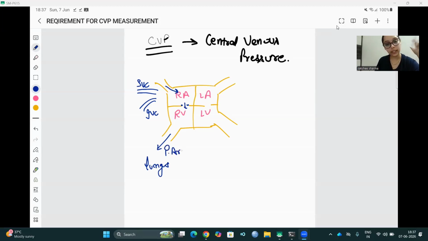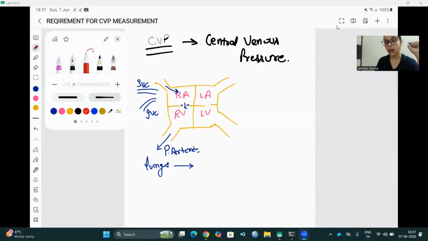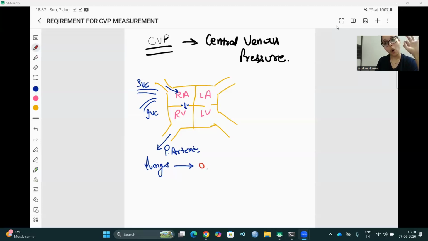Now, what happens in the lungs? The blood gets oxygenated. This oxygenated blood returns to the left atrium through the pulmonary veins.